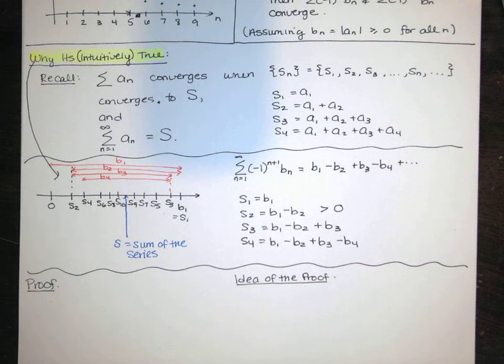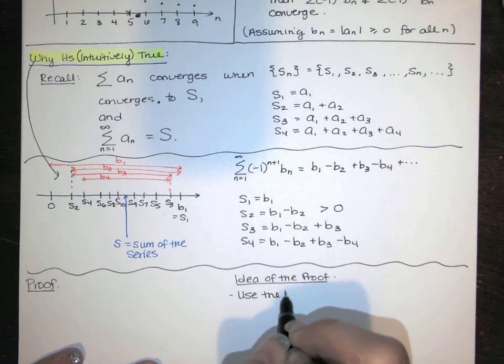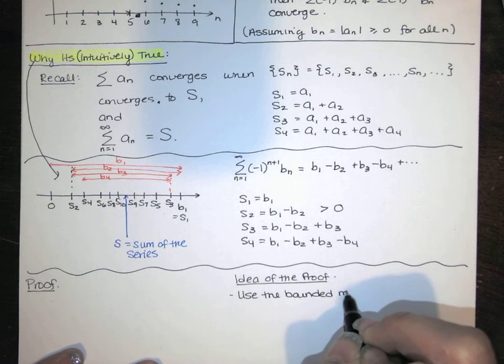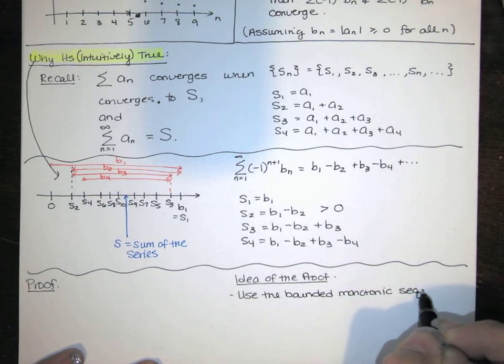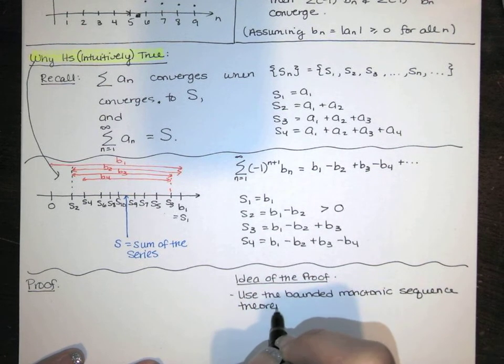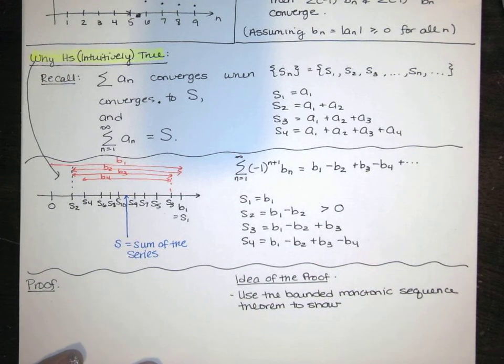I want to show that the sequence of partial sums converges. So we're going to use the bounded monotonic sequence theorem from our first section to show that the sequence of partial sums converges.